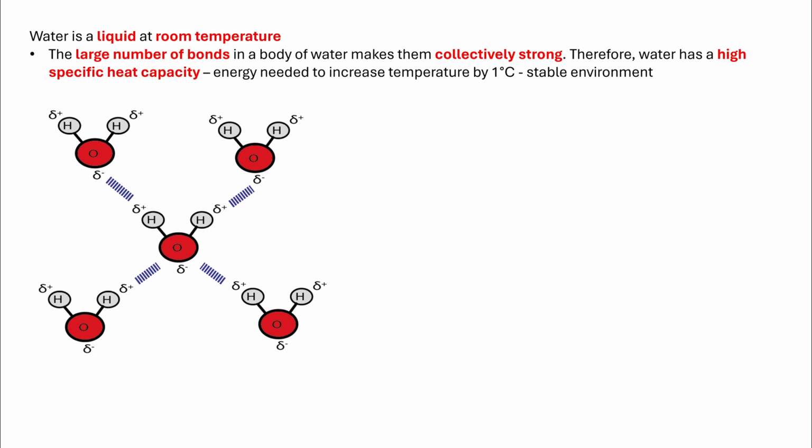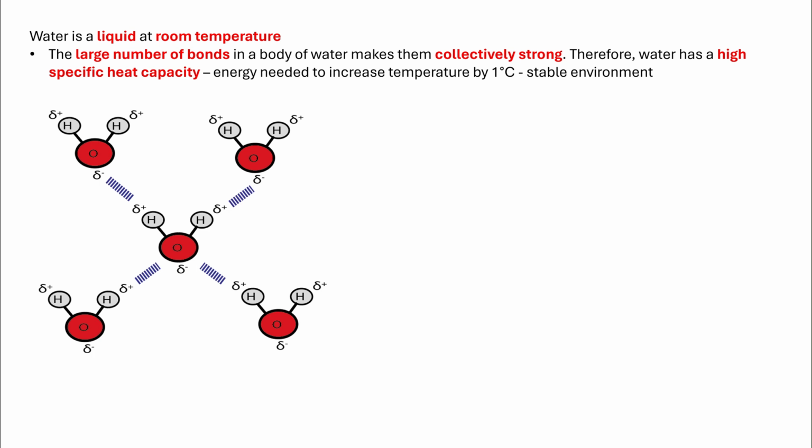So we say that water has a high specific heat capacity. The energy that is needed to increase the temperature by 1 degree C is what is known as its specific heat capacity. And that makes the water a very stable environment.